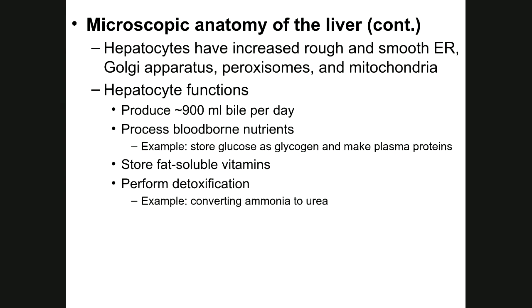So the functions of the liver: control blood sugar level via glycogen, since it stores glucose as glycogen. Detoxification of the blood by removing and metabolizing poisons like alcohol. Ooh, a lot of smooth ER, and this is what the smooth ER does, detoxification, if you remember biology 1406, if you ever took it. Store iron, vitamins A, D, E, and K, make the plasma proteins albumin and fibrinogen, and also make urea because it performs detoxification, so it converts ammonia to urea.